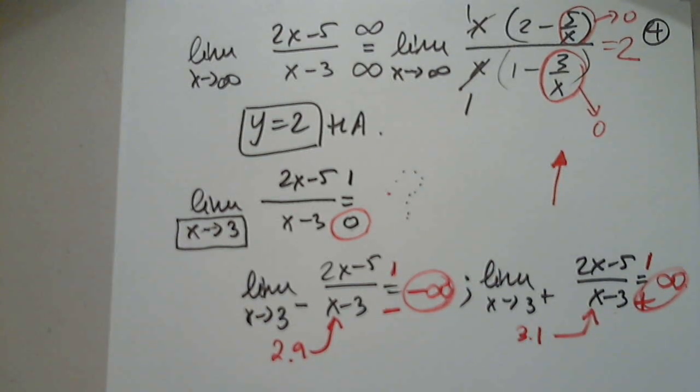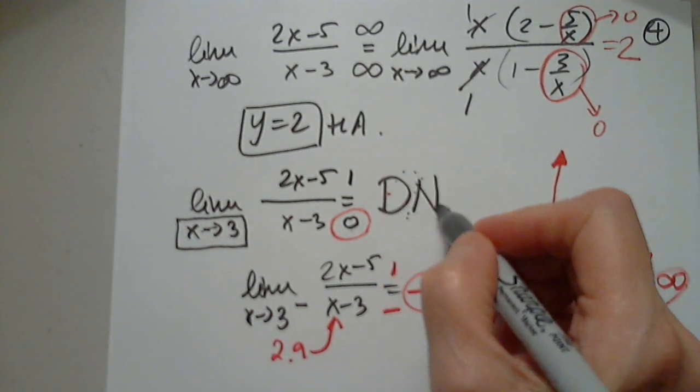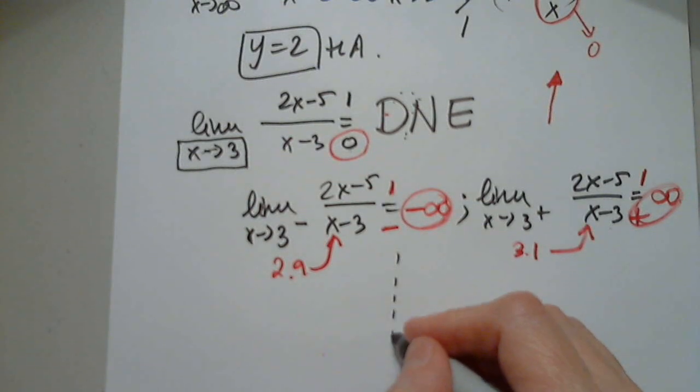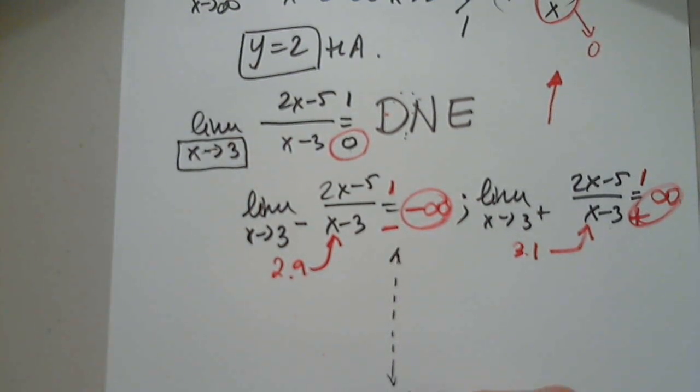Negative. Anyone else? Okay. If one side is going to negative infinity and the other side is going to positive infinity, what will the answer be for the limit from either side?